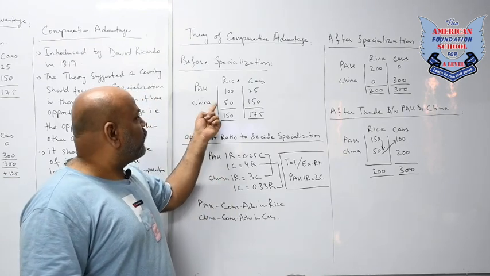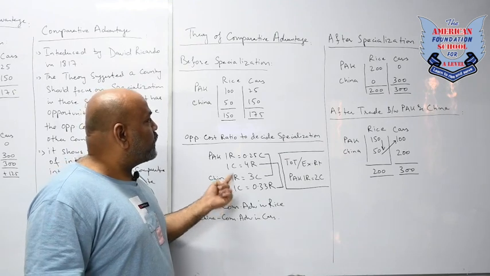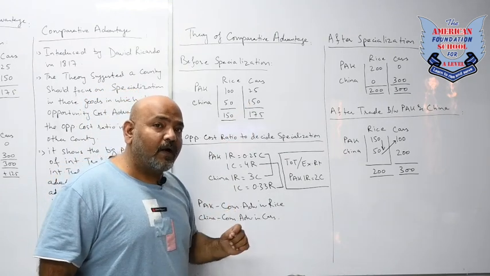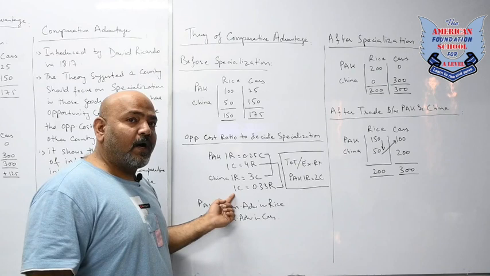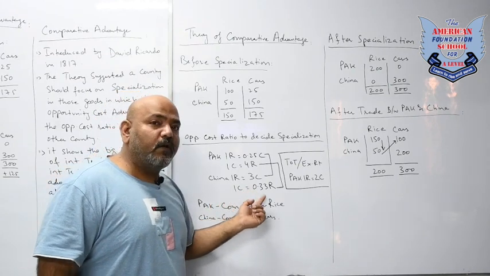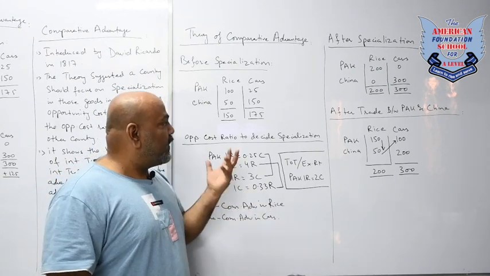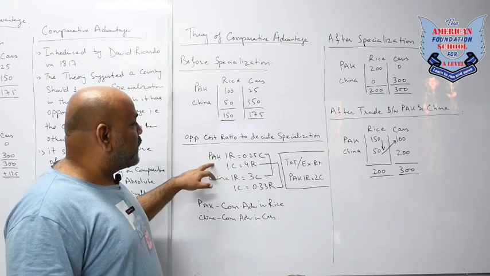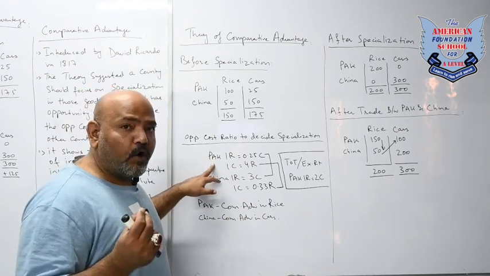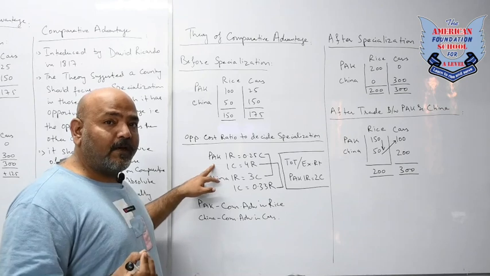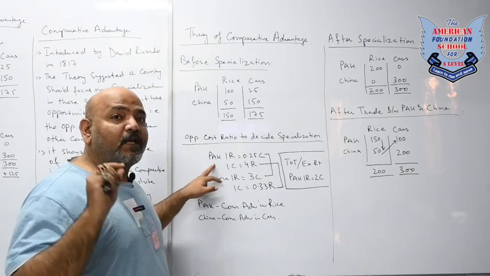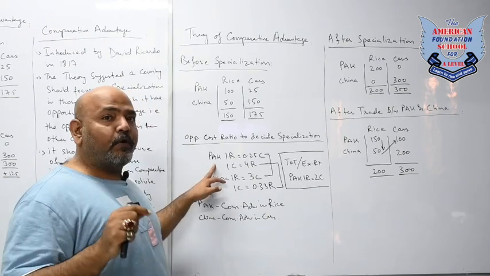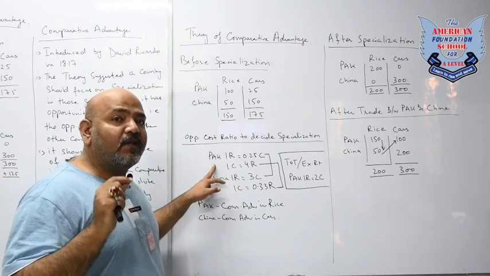If China produces 1 unit of rice, the opportunity cost is 3 units of cars, and 1 unit of car is equal to 0.33 units of rice. So it is very clear that Pakistan has a lower opportunity cost to produce rice than China, which means Pakistan is comparatively better at producing rice rather than cars.